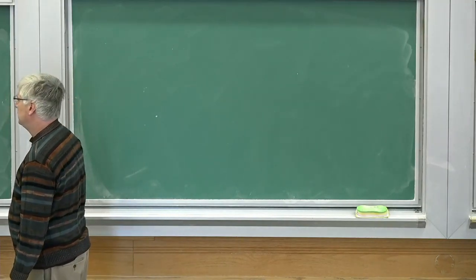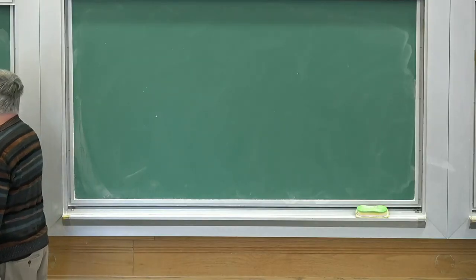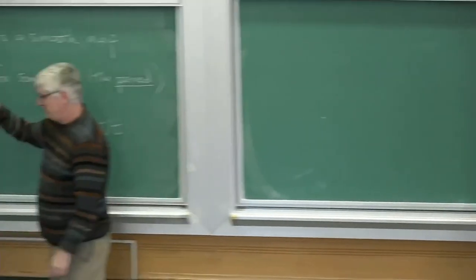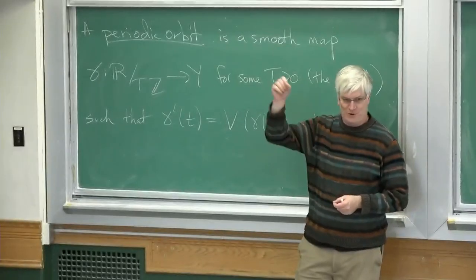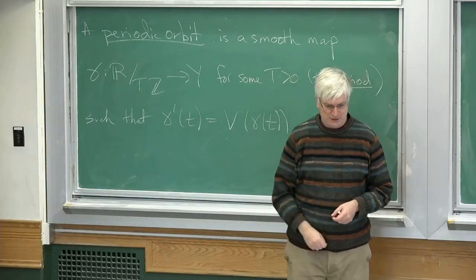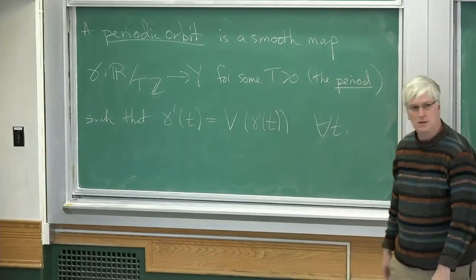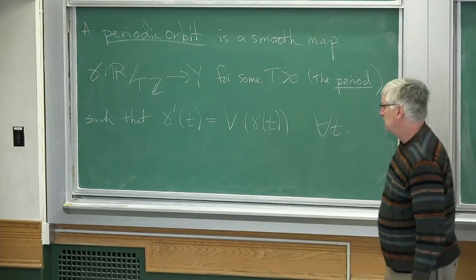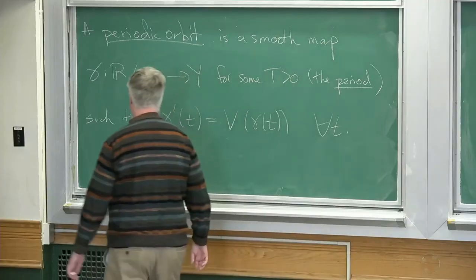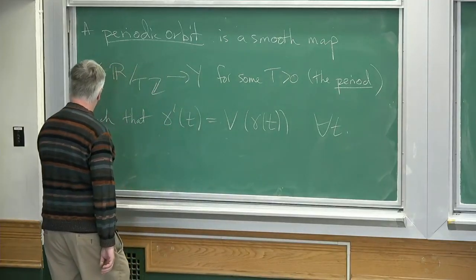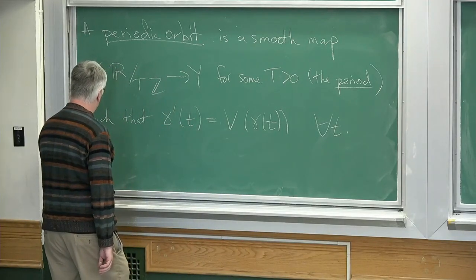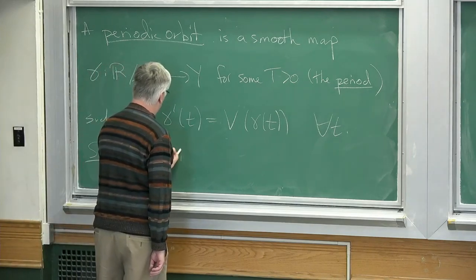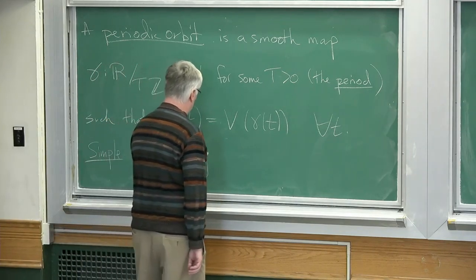There are some pedantic things to say. I don't really care exactly where you start. If I start somewhere else in the same loop, I think of it as the same periodic orbit. I guess you want the map to be injective, right? Not necessarily, so I say it's simple if gamma is injective.